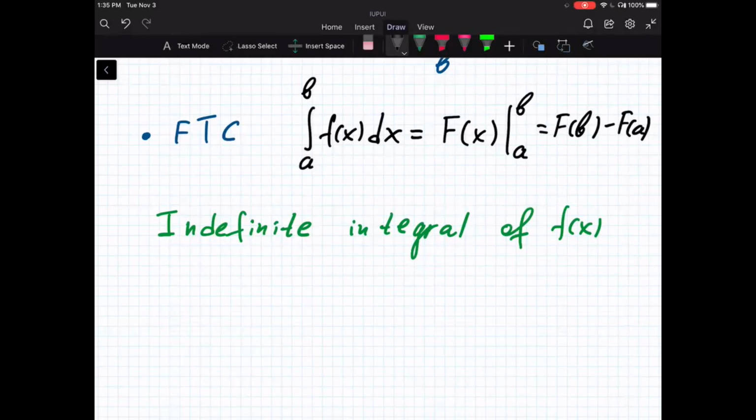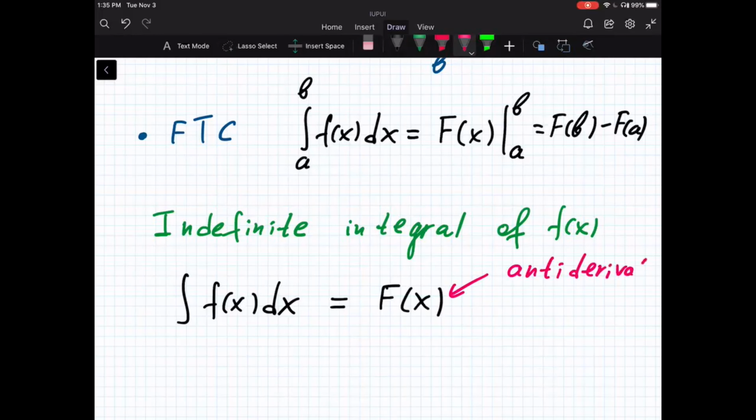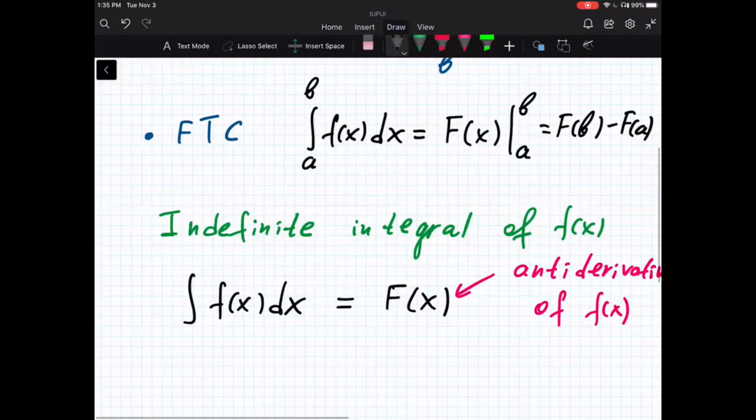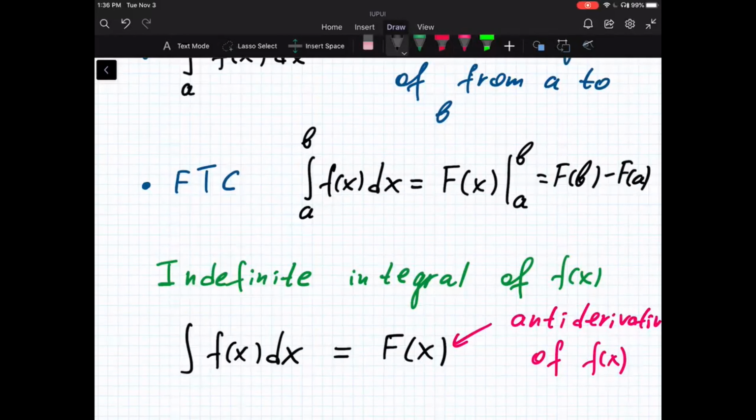It looks like this: integral of f of x dx, where you don't specify the upper and lower limits, and it is equal to some antiderivative of your function f. Why should we do that? Basically the connection is that if you want to calculate our definite integral, then we need to find the antiderivative, and just to have the same notation in some sense, we introduce this indefinite integral.